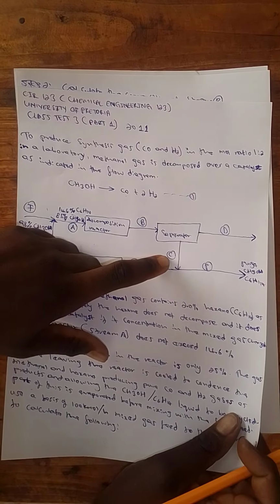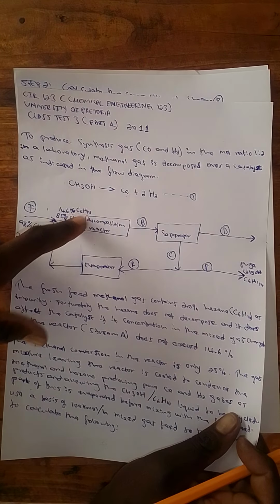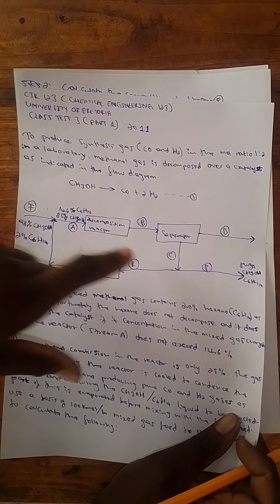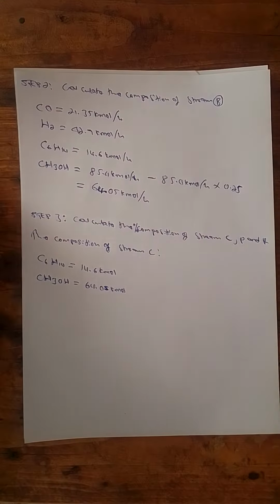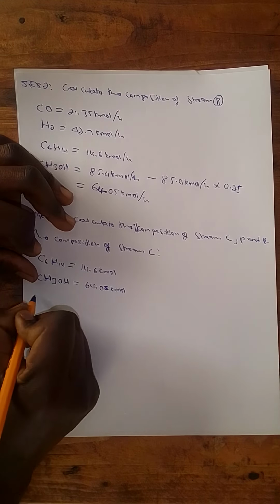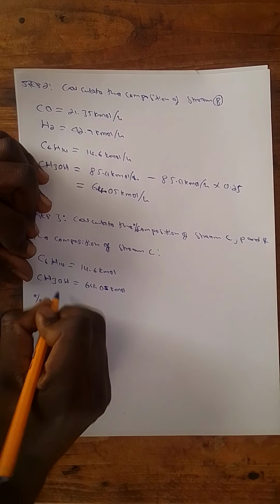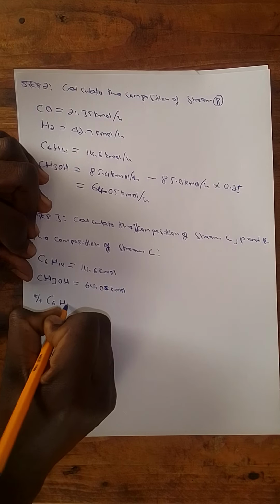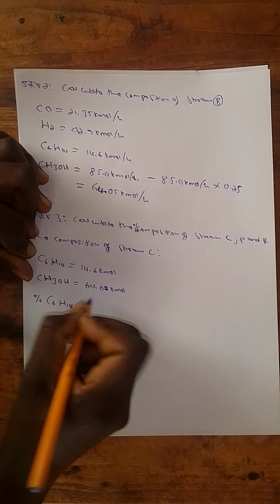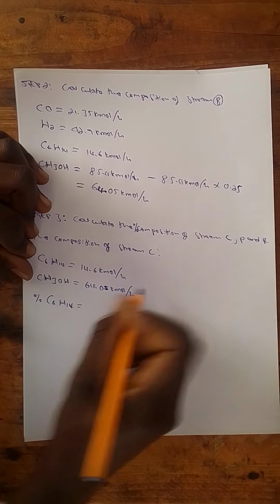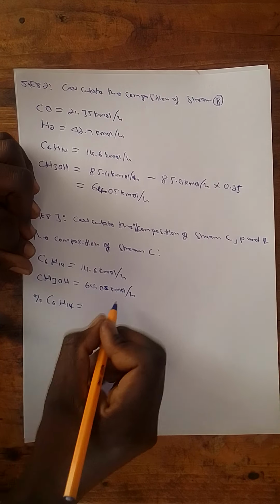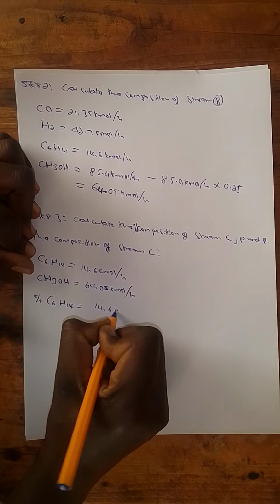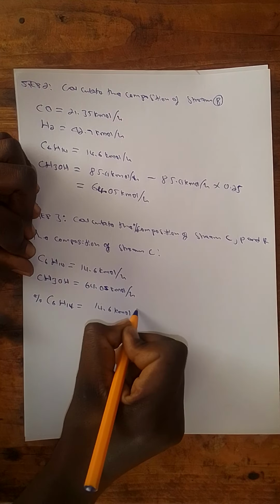Now I want to calculate the percentage of each, C6H14 and CH3OH, in C. With that said, I can just say percentage C6H14 is, okay, let me put per hour, sorry. C6H14 is equal to 14.6 kilomole per hour, right?